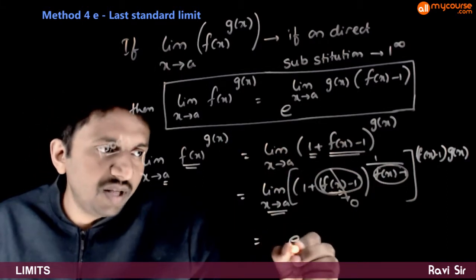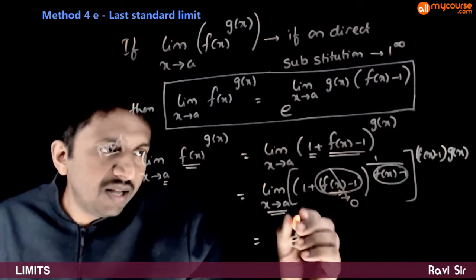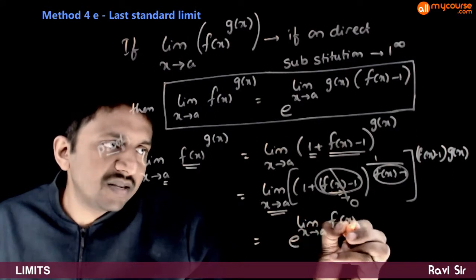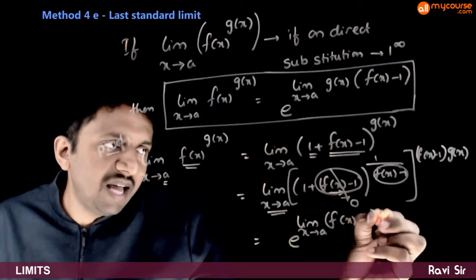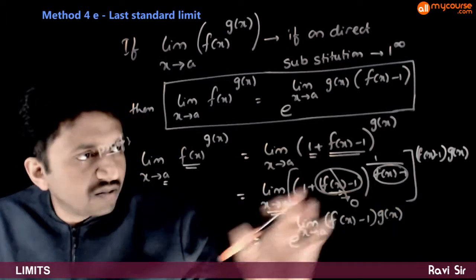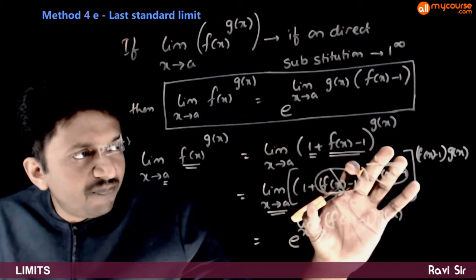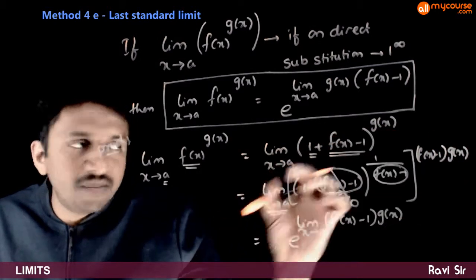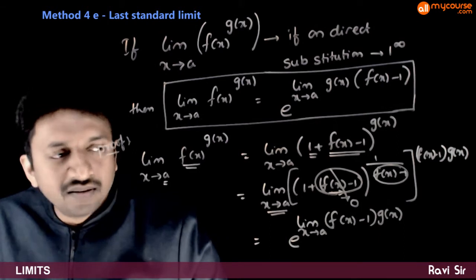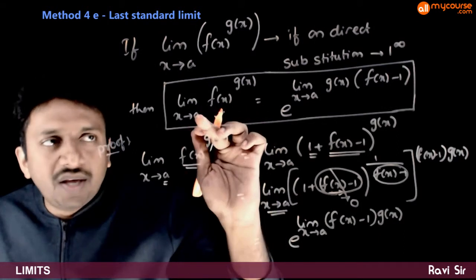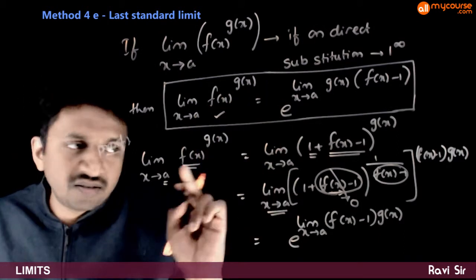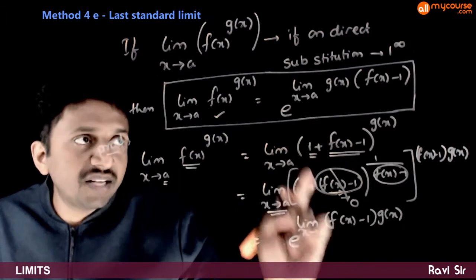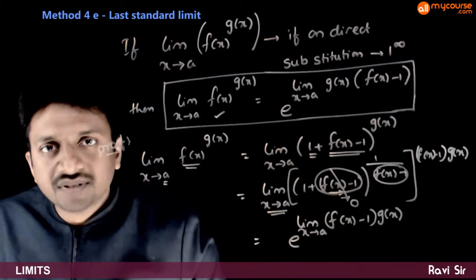So this is equal to e power limit x tends to a, (f(x) minus 1) times g(x). So limit x tends to a, f(x) power g(x) is equal to e power limit x tends to a, (f(x) minus 1) times g(x).